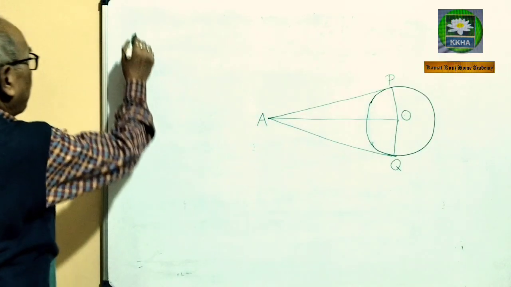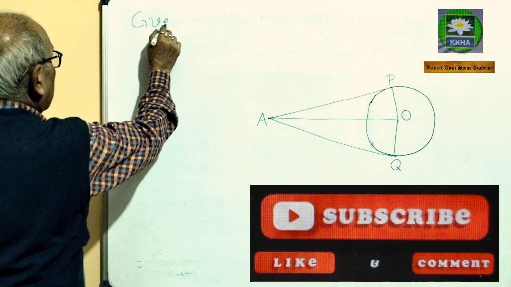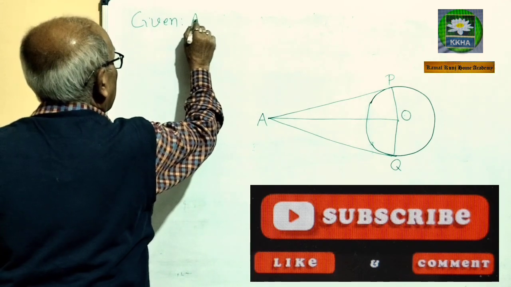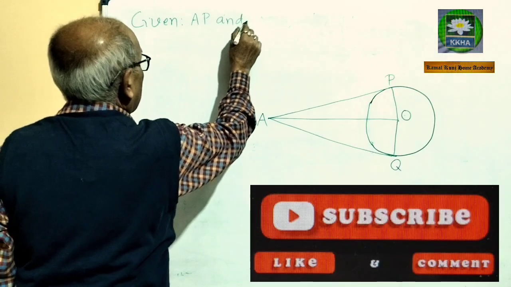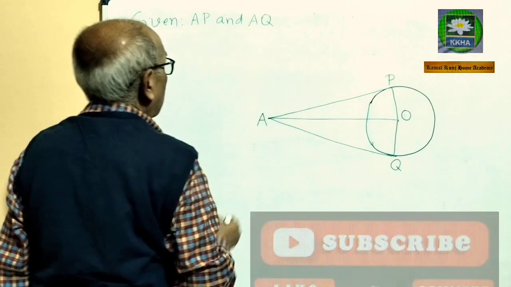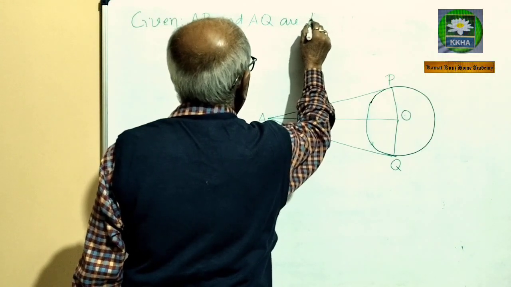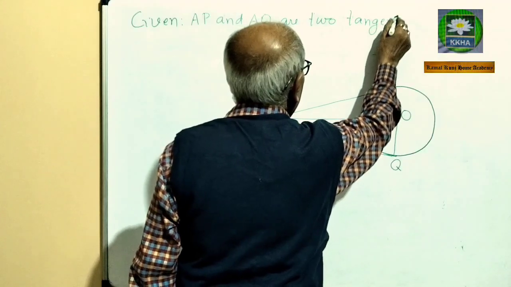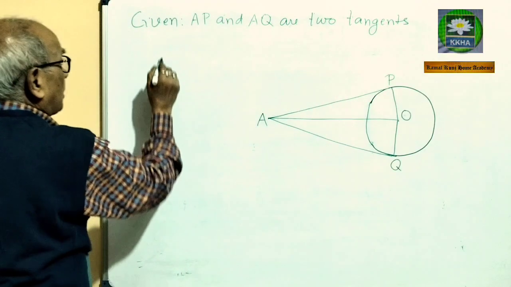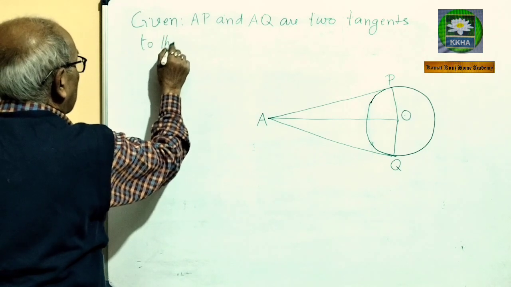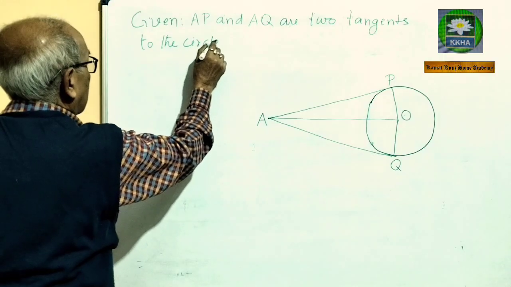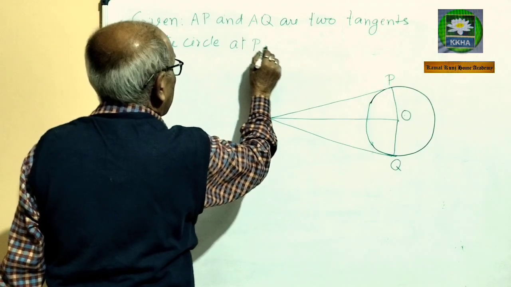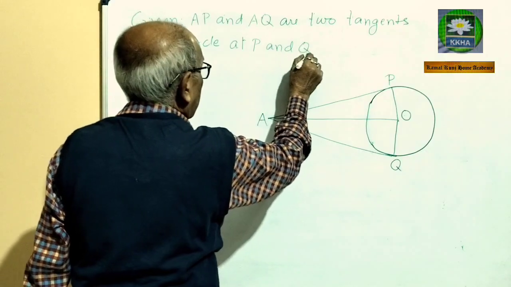Okay. What is given here? Given AP and AQ are two tangents to the circle at P and Q respectively.